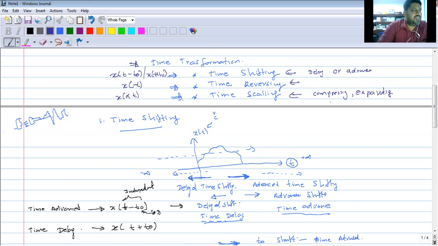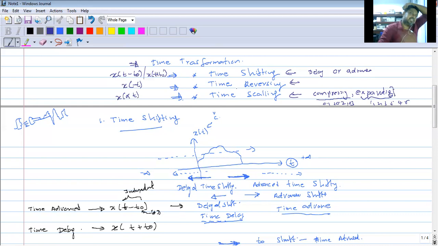Alpha between 0 and 1, less than 1 and greater than 0, corresponds to compressing. And if alpha is greater than 1, that means 2, 3, 4, 4.5, likewise, that corresponds to the signal expanding.